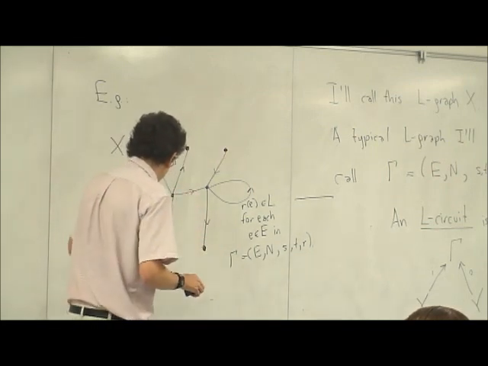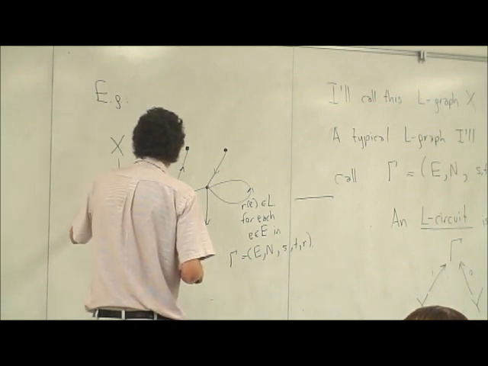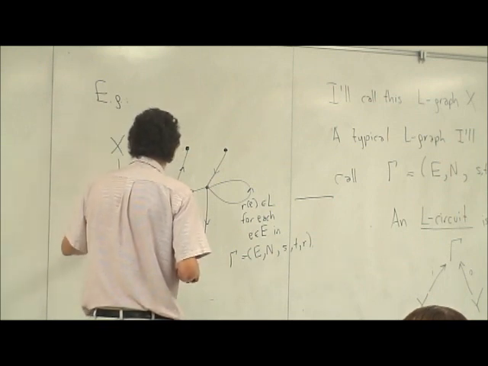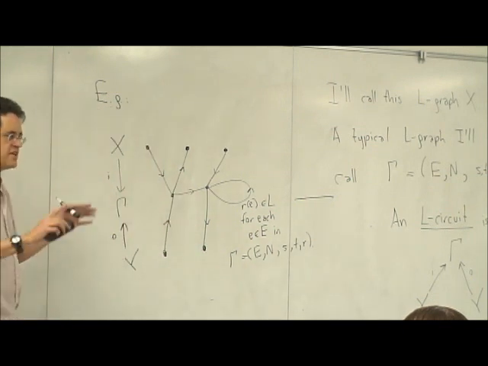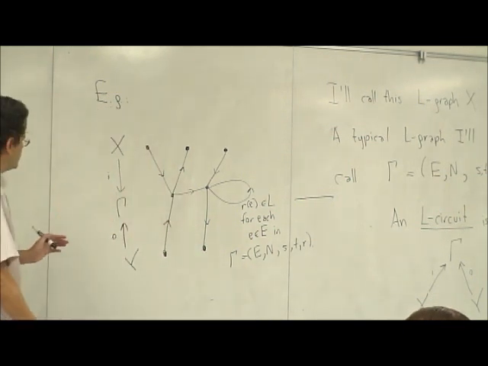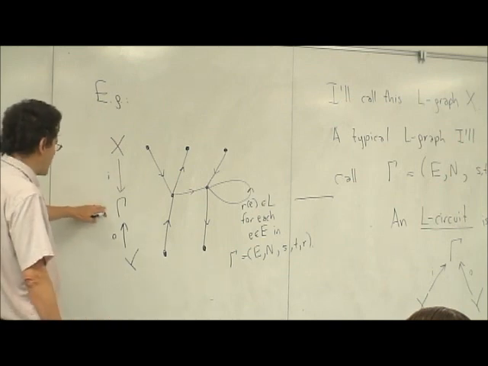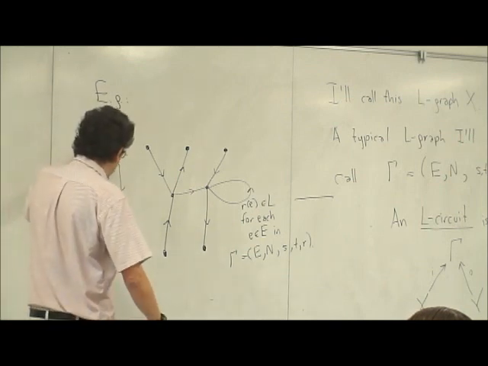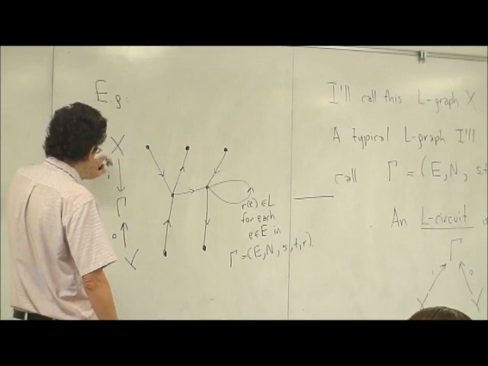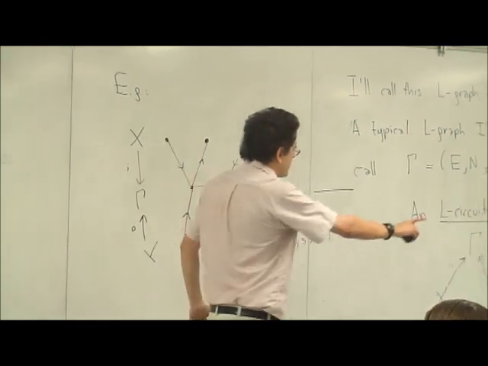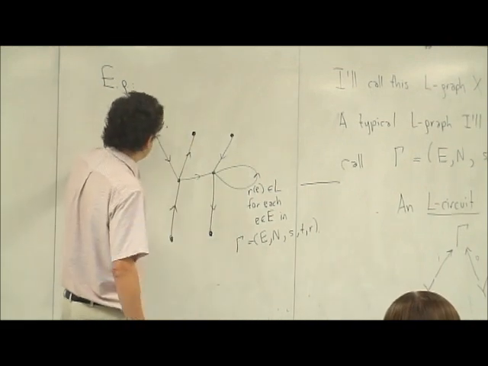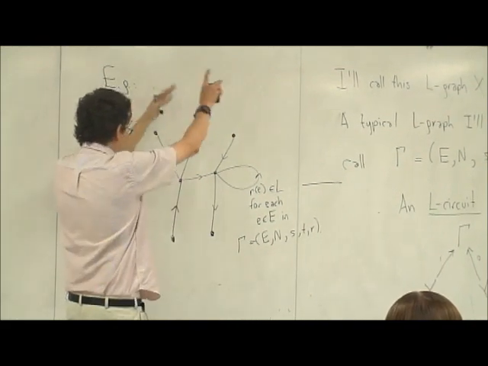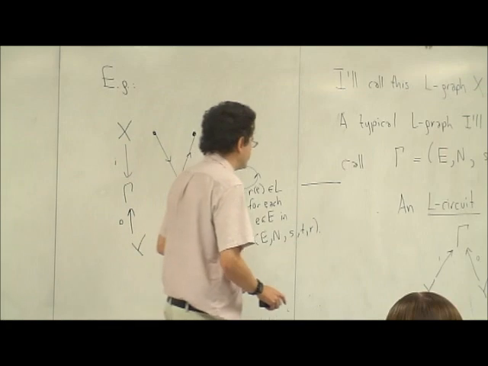And similarly for the output. These are both getting mapped into gamma. They're both getting included in gamma, included, I'm saying, just to make you feel good. They're just getting mapped to gamma. In other words, there will be a morphism of L graphs from X into gamma. I have to define that now, but here at least you see one example of one. So this L graph here is getting mapped into this bigger one.